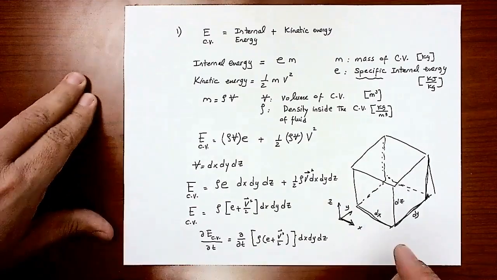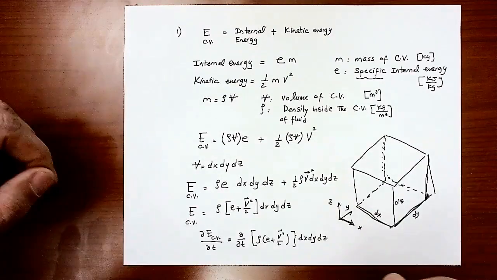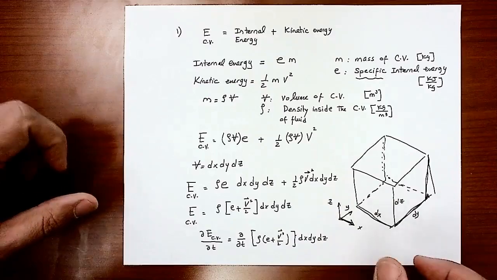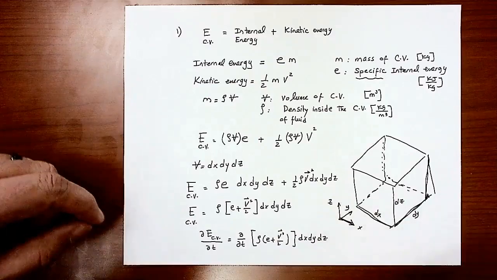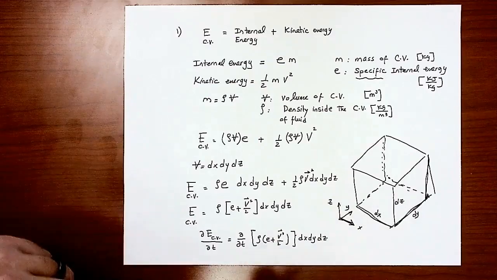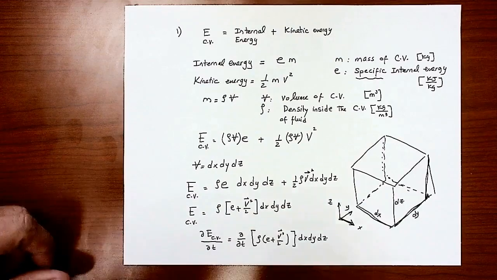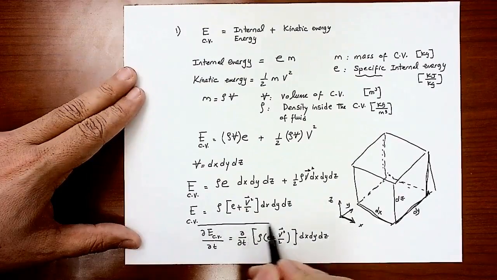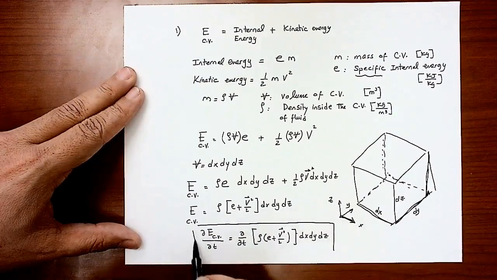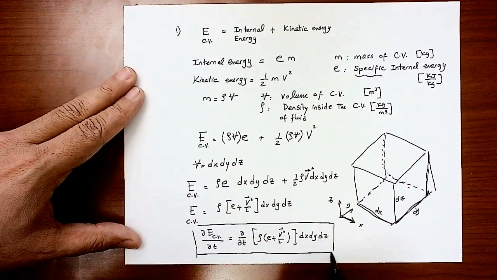Dx, dy, dz is not going to change. These are the dimensions. The control volume we are using here has a fixed dimension, so dx, dy, dz is not going to change with time, but everything else would change with time. So this is the first term that we can derive into the general equation. So this is the dE by dt, which is happening within the control volume.